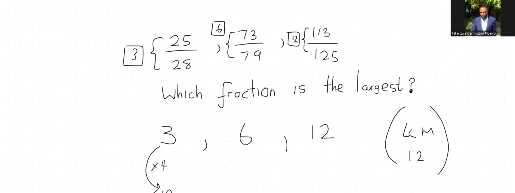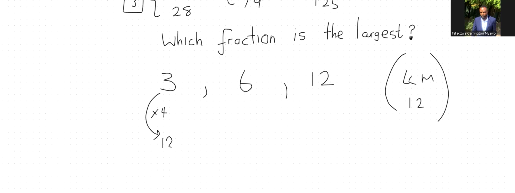Then the first fraction was 25 over 28, and I will multiply the numerator here by 4. Then I go to the next one: for me to get to 12 from 6, 6 gets into 12 how many times? 2 times, right?